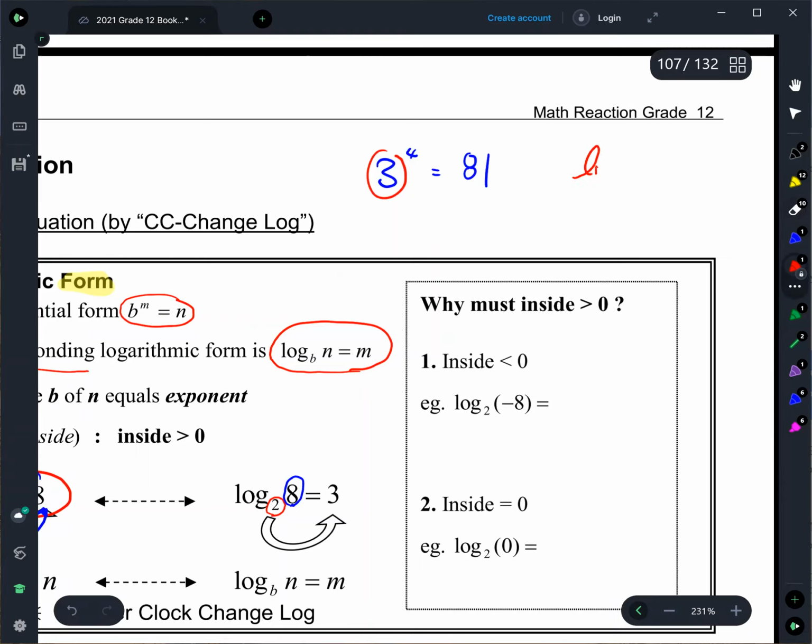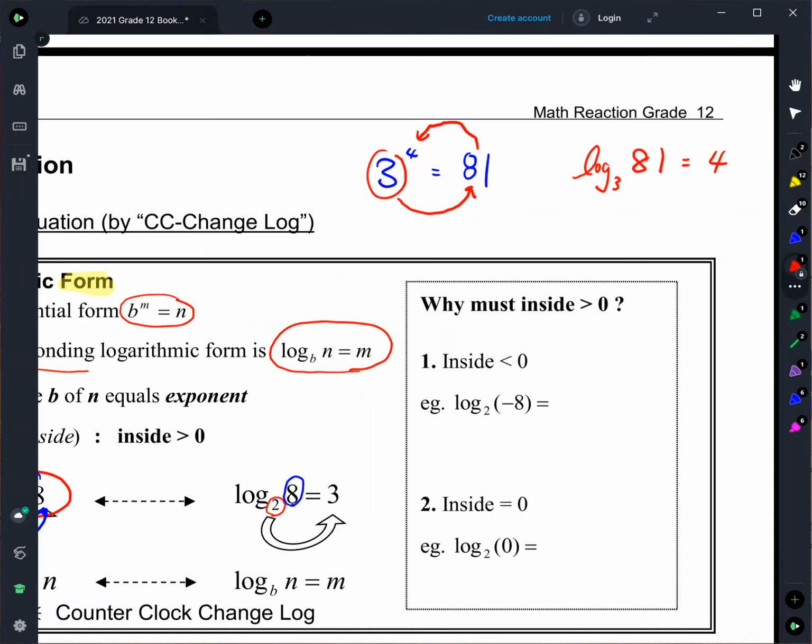You write log base 3. Then go counterclockwise. You go to this number and write 81. Then go to the next number and write equals 4. So that's what it means. You go counterclockwise. That's the CC. CC means counterclockwise.